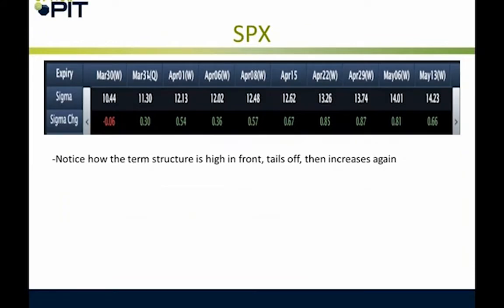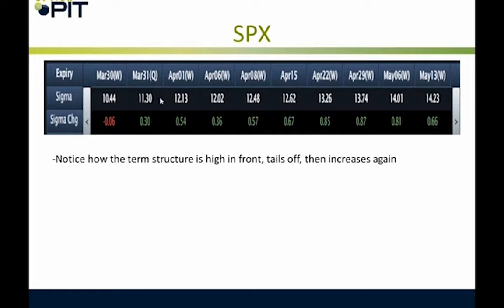And then if I pull up the S&P, you see the same thing. The closer I get to expiration, for the most part, the lower the volatility. If that's not the case, there may be a trading opportunity.